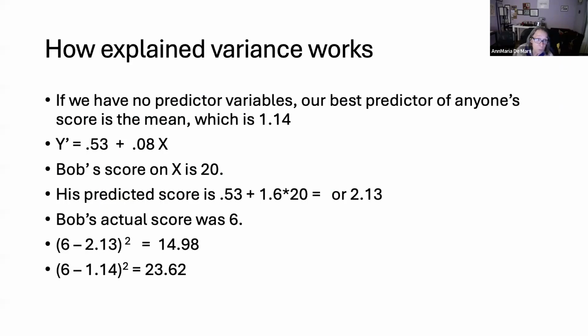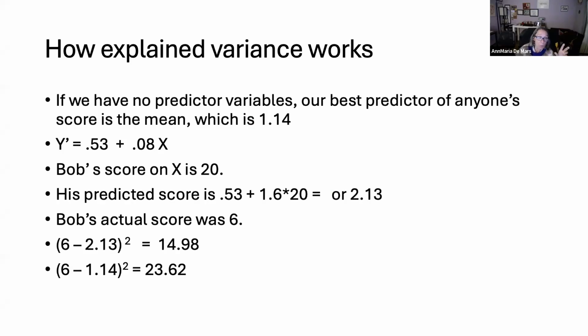So let's take a look at how this works. If we have no predictor variables at all, and this actually comes from a data set I have on the number of grants that faculty members get. And the mean number is 1.14, the mean number that any faculty member would have at one time.